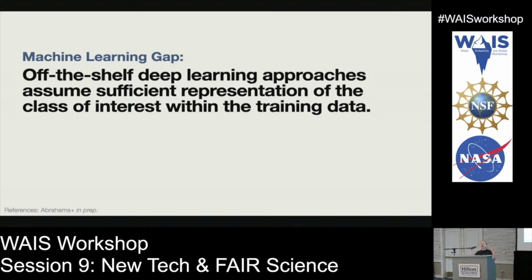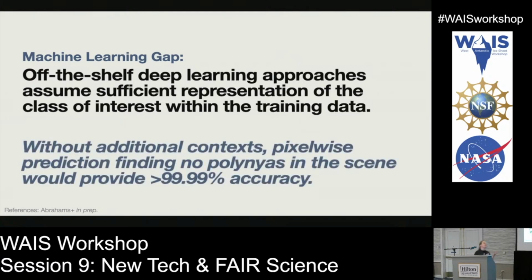If we use off-the-shelf methods, these methods assume sufficient representation of our class of interest, these pixels that make up the polynya, within the training data. However, if we pull these algorithms off the shelf, they might scan a scene and assign no pixels to a polynya, and they would still be 99.99% statistically accurate. So we see what the challenge is.